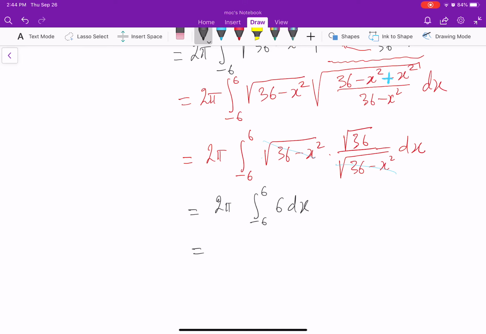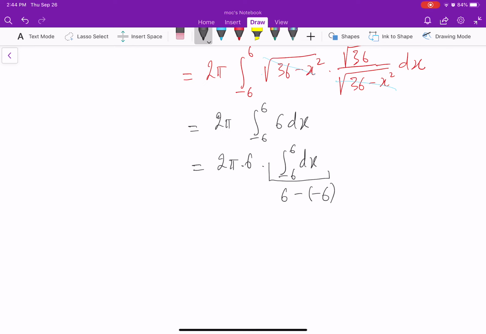I hope we know how to do this. This integral is just equal to 6 minus -6, which is 12, right? So finally I get 2 pi times 6 times 12. And that is the final answer: 144 pi.